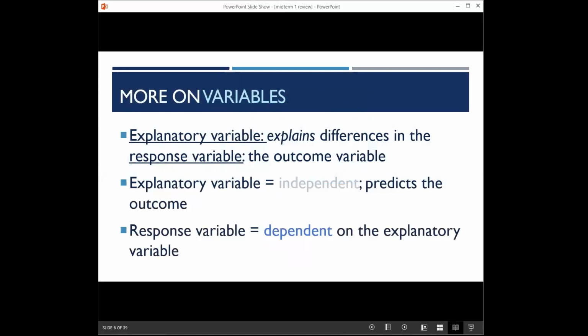The explanatory variable is the independent variable and is what we are changing, and it predicts the outcome, which is what happens for the response variable. That is what we're measuring, also known as a dependent variable. So let's just say, do the hours spent studying affect your test score? The hours would be your explanatory variable, and we're testing and measuring the scores that you got in your exam.